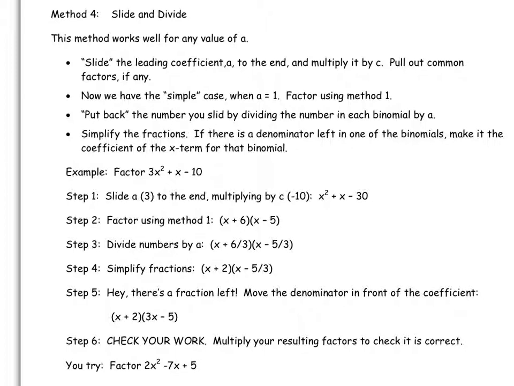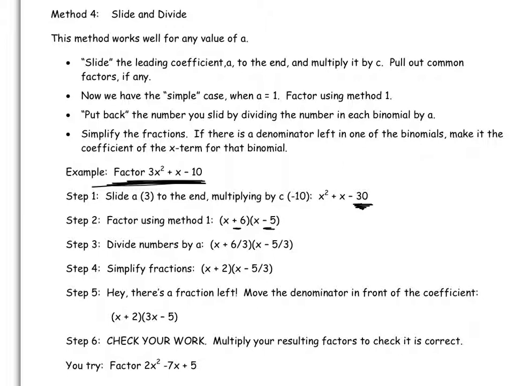So looking at this example right here, slide that 3, the leading coefficient, to the end by multiplying it by -10, so you now have -30 on the end. Middle term doesn't change. We factor it normally. What multiplies to -30 adds to 1, so that's going to be a +6 and a -5.